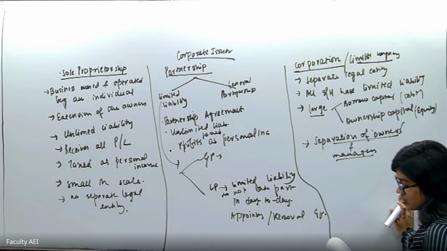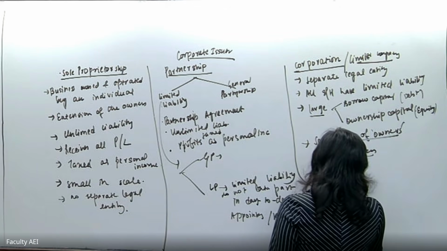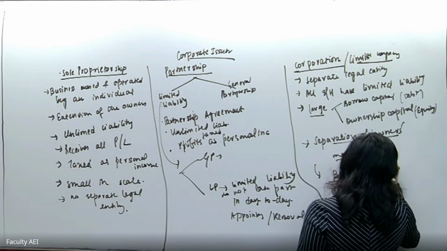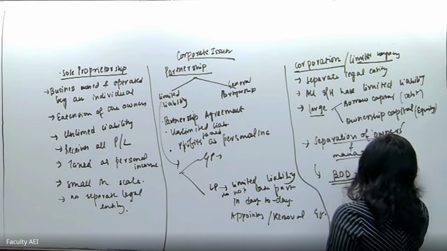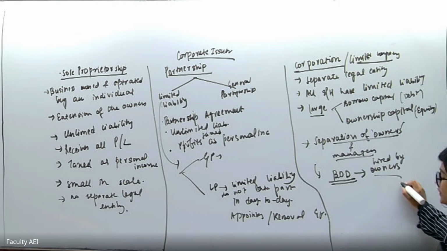The day-to-day operations would be done by the board of directors of the company. These board of directors would be hired by the owners, who would take care of the needs of the owners.